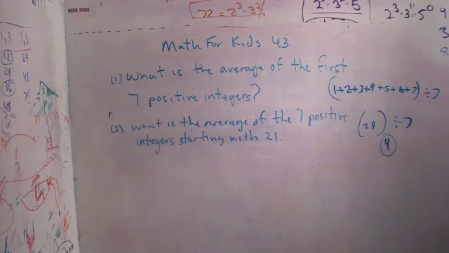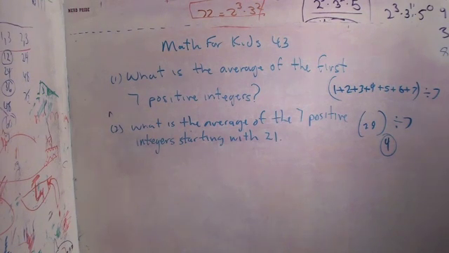Oh, interesting. 4 is in the average, or 4 is in the number of numbers that you were averaging. Anything else about the number 4 that's interesting in that sum? Well, the sum is 28. We use 7 times 4 is 28.